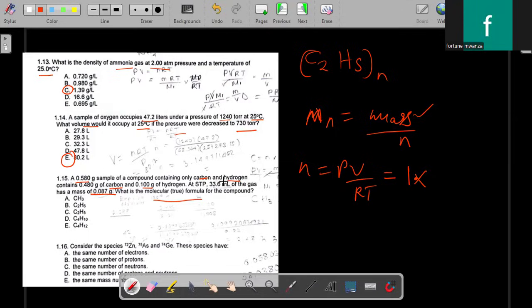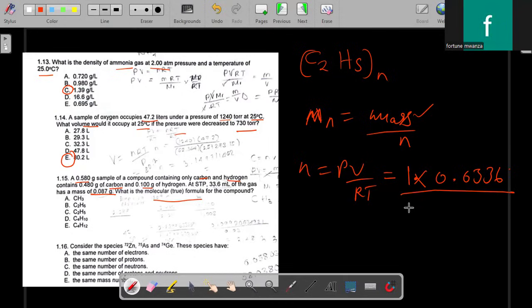The volume I've been given is 33.6 milliliters. Now if I check, my gas constant is in liters, so I'll need to change that milliliters to liters. How do I change milliliters to liters? I divide by 1000. So I divide 33.6 by 1000, and I'm going to get 0.0336 liters.